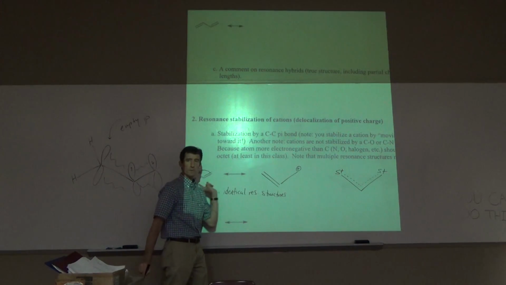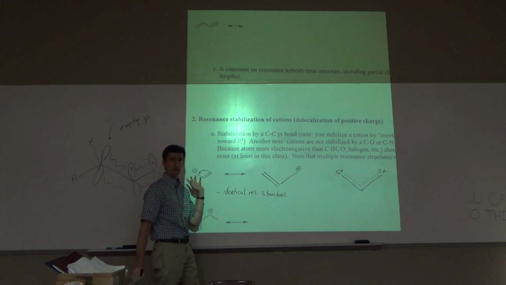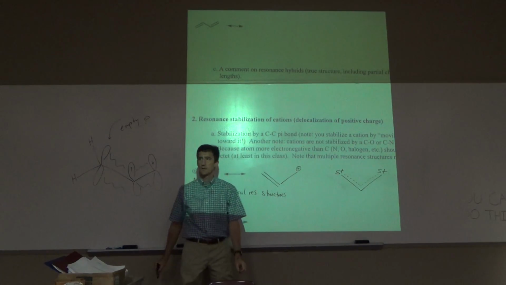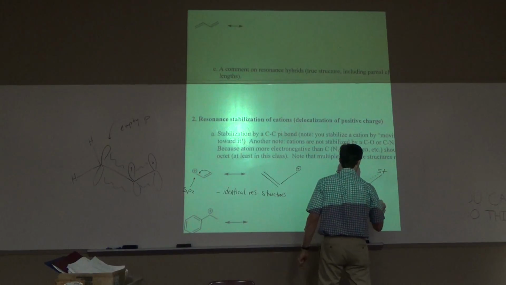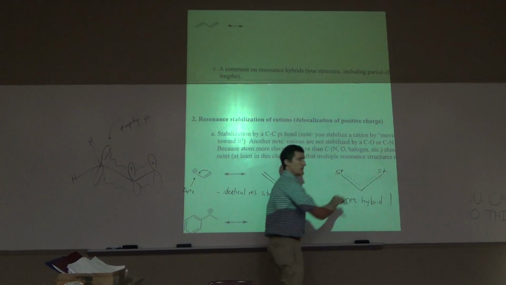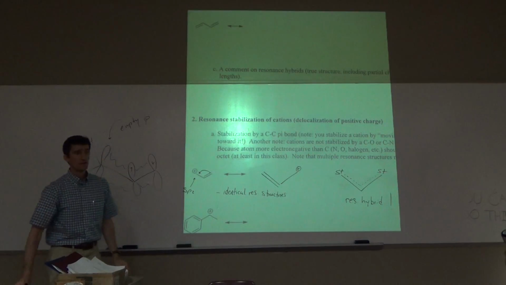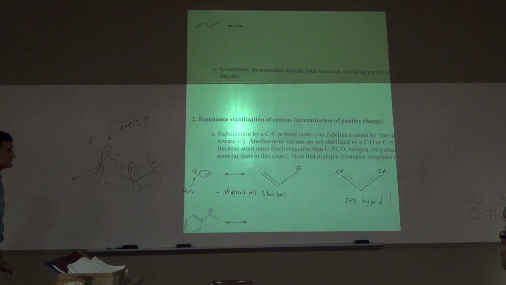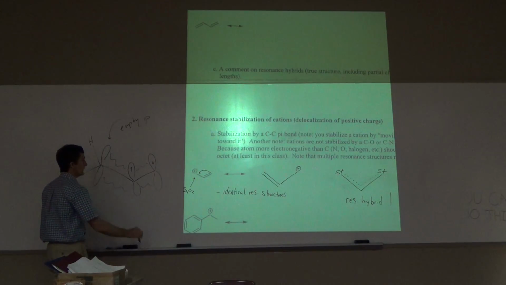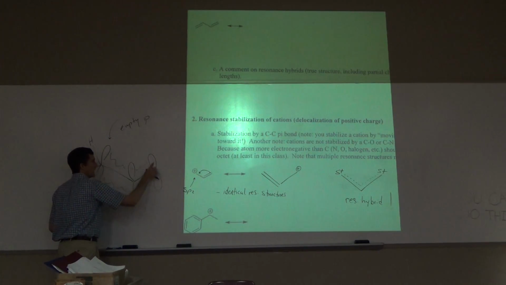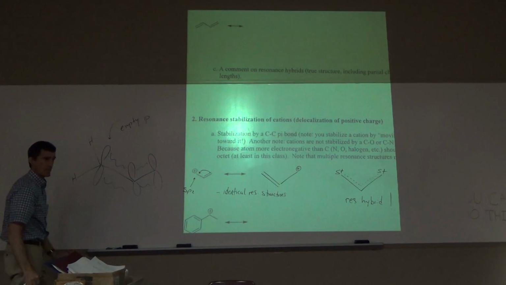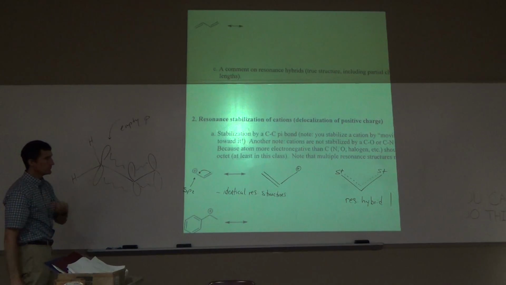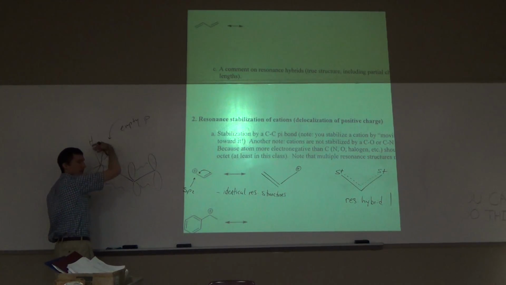Neutral or neutral? If you blend two neutrals together, what do you have? Neutral. This is your resonance hybrid. That's your actual true structure. It's all three overlapping. And really, those two electrons are just spread out all through here.